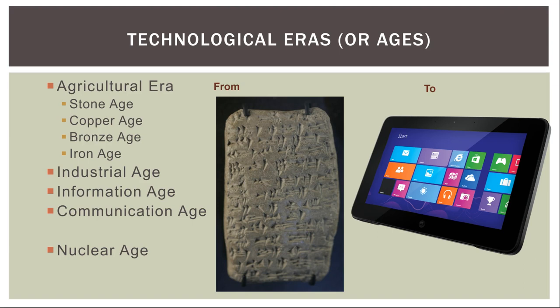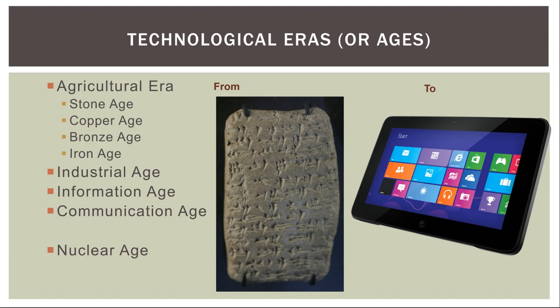What you're looking at are the technologies that we've developed to change the stuff that we're using to make it better. As we're able to extract more and harvest more, we get big shifts. We then move into the industrial age, then the information age, and the communication age.